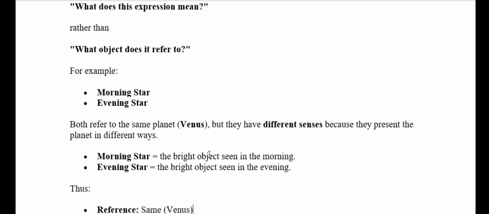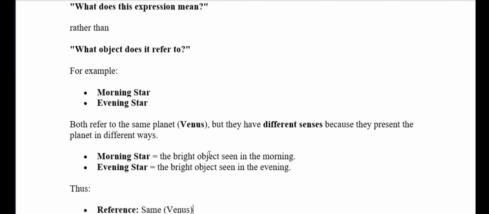Venus is called morning star and also evening star, but they have different senses. Morning star has the sense of the bright object seen in the morning, that is why it is called morning star, and evening star because the brightest object seen in the evening is evening star. Thus, the reference is the same here, Venus, but the sense is different.